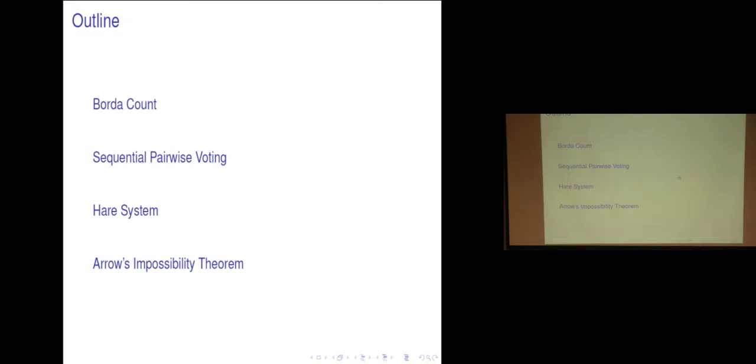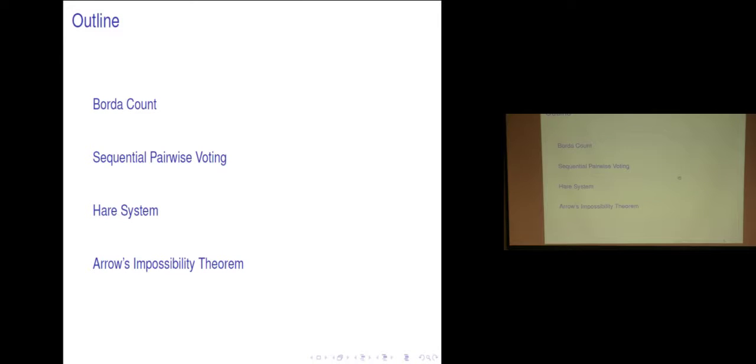We are going to see several more examples of voting systems or social choice functions for elections with 3 or more candidates. These names will make sense in a moment. And then in the second half, we'll prove a very famous theorem called Arrow's impossibility theorem. Arrow is Kenneth Arrow, a famous economist.